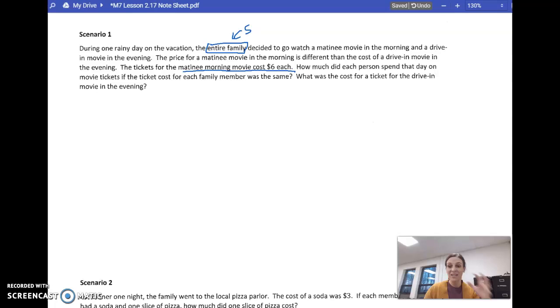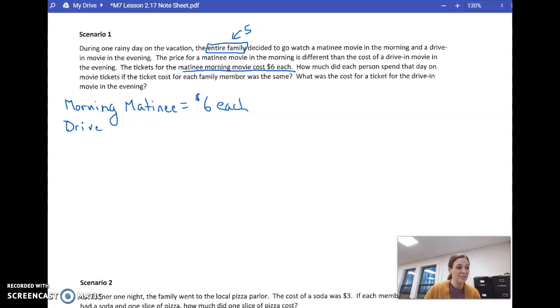Okay, so it can seem really overwhelming and a lot of information. So try to break things down and write what we need down. So we had our morning matinee, right? And it says right here that was $6 each. Okay. Our drive-in in the evening.